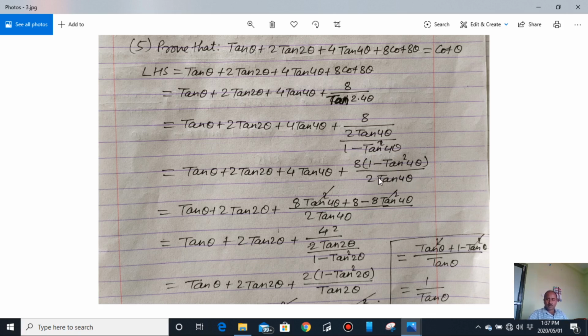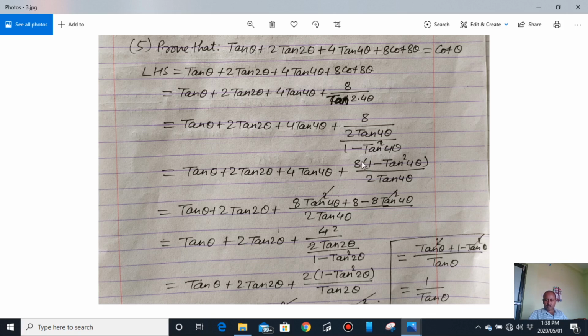Now at this point we will add this last term and second last term by taking LCM. See, the first two terms are the same. Take LCM between these two terms. LCM is 2 tan 4 theta. So this into this will be 8 tan square 4 theta.